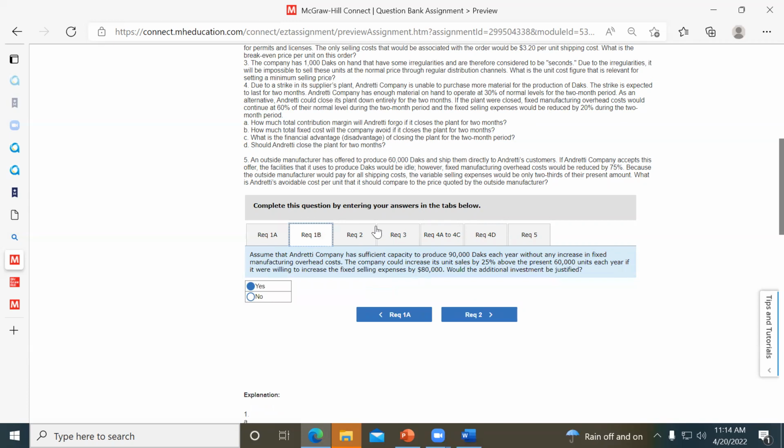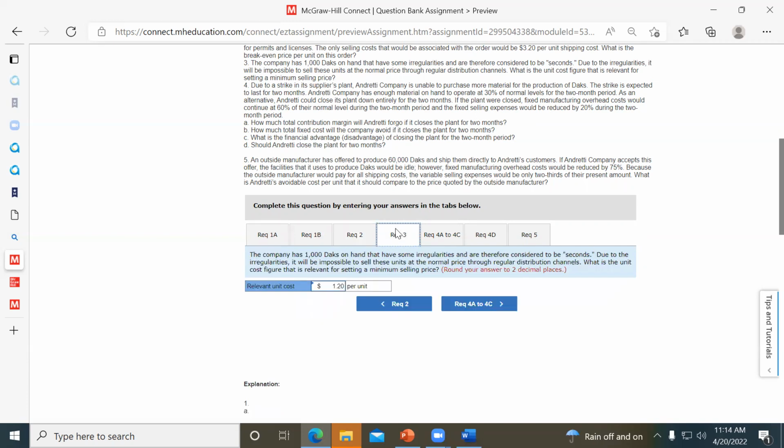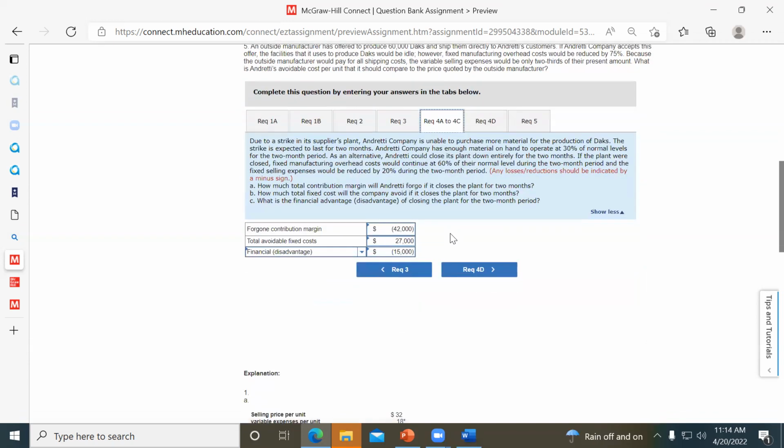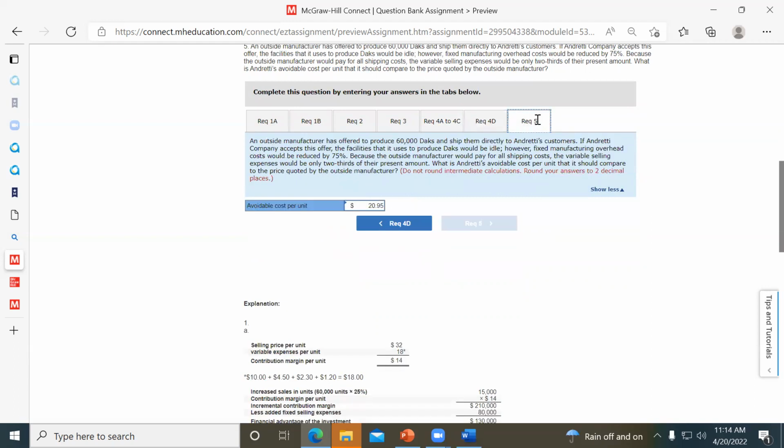1B, 2, 3, 4A, 4B, and 4C, 4D, and then 5.